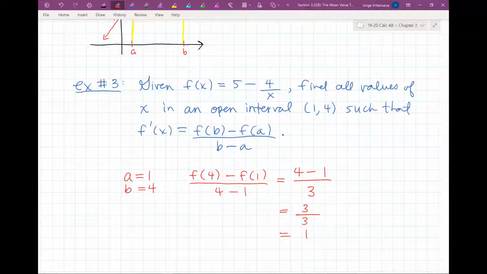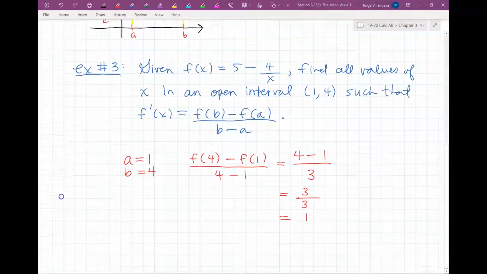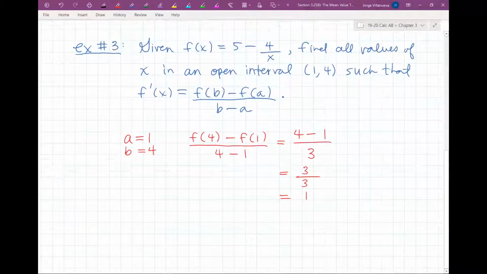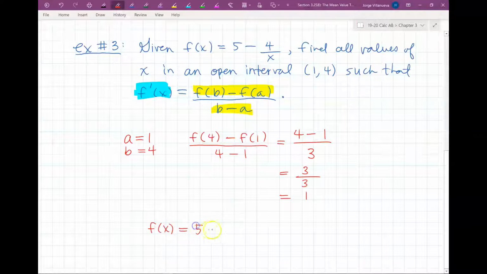Okay? Now, we figured out the right side, we just did this part. Now we have to figure out the left side, this part. Let's find our derivative. Actually, before I write f prime of x, let me write f of x in a different form: 5 minus 4x to the negative 1.